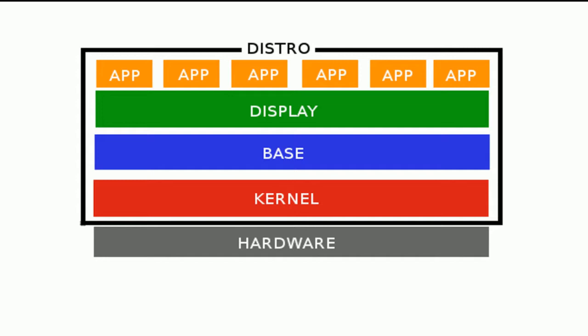And so they go out and they might bundle different applications, or they might create a new display layer that they feel works better. Maybe they even create a new base built on top of Linux, and so they put together their own distribution. Somebody out there is saying, I can do it better.